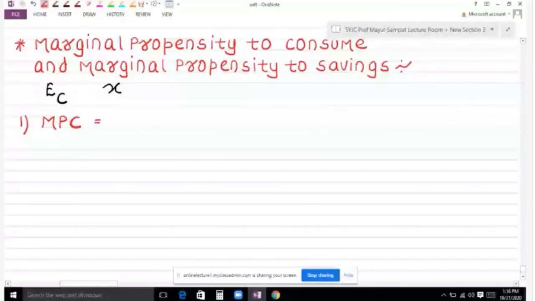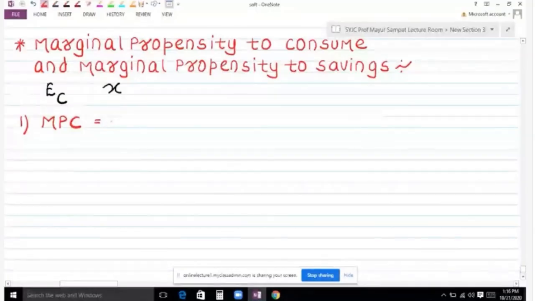MPC is a standard short form for representing marginal propensity to consume. Everyone should make a note of that. The word marginal refers to a derivative.